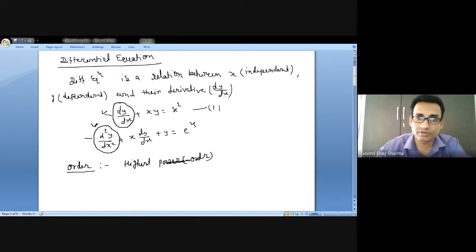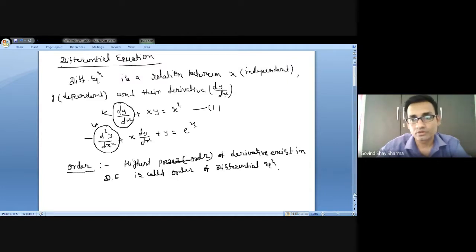Highest order of derivative that exists in differential equation is called order of differential equation.